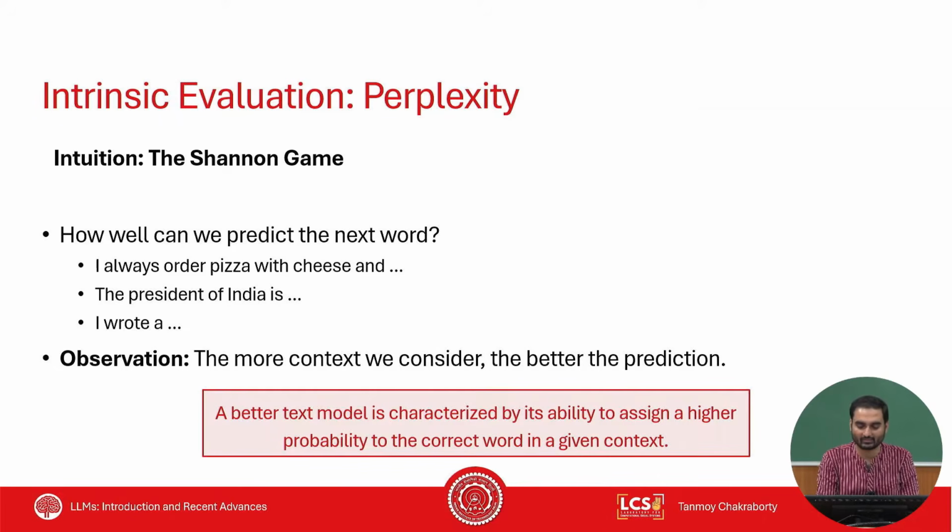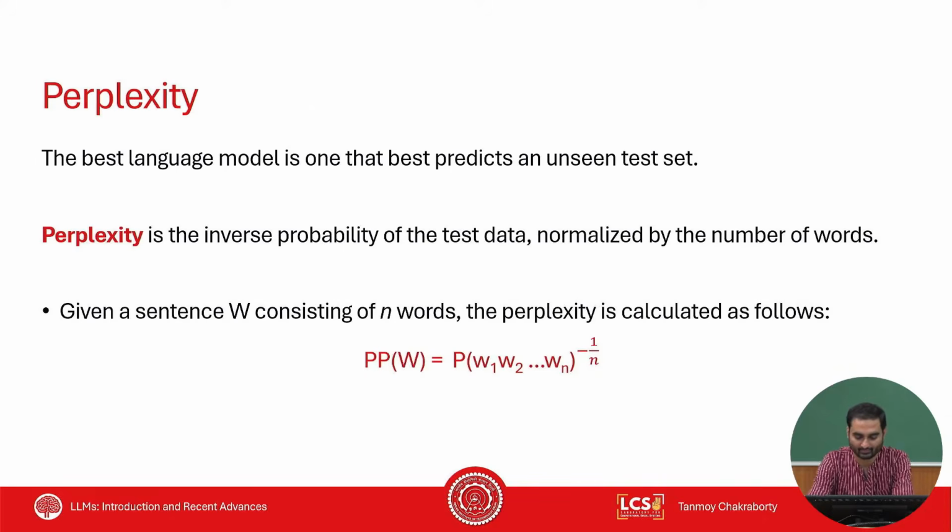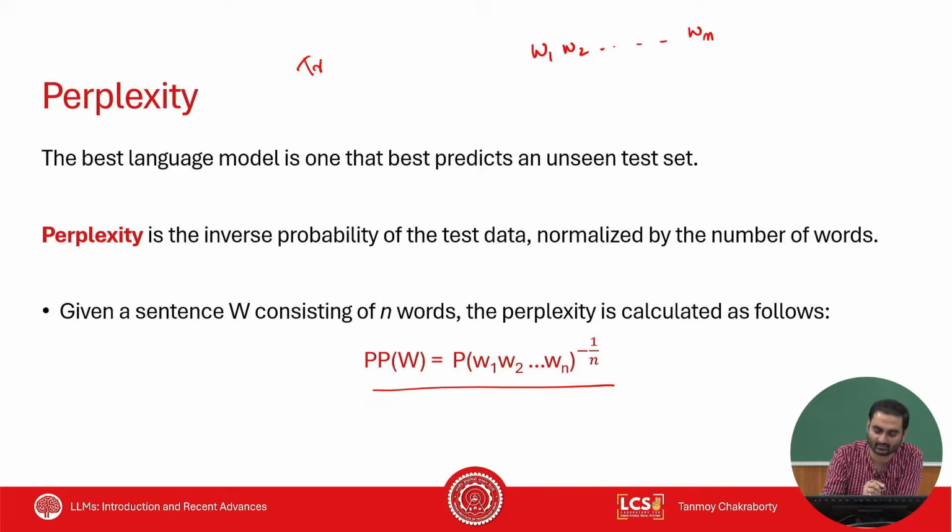So what is the definition of perplexity? The definition of perplexity is very simple. Let's assume that this is your test set, W1, W2, and so on. In your test set, there are n tokens. You already have a training set, and based on the training set you have already developed the language model. Let's say language model L1, language model L2.